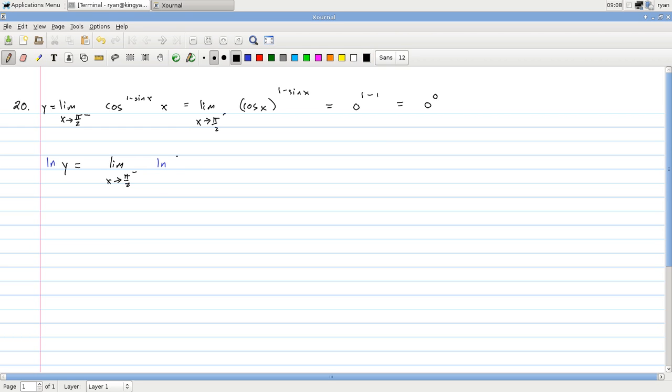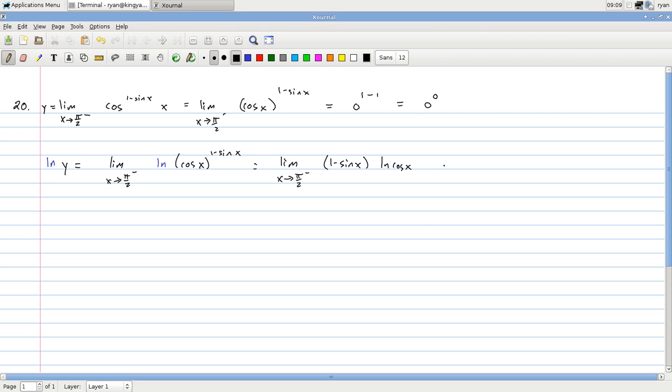So this becomes the natural log of cosine x to the 1 minus sine x. The reason behind doing this is so now we can take this power, this 1 minus sine x, and bring it out in front of the log. So we rewrite this as the limit as x goes to pi over 2 from the left of 1 minus sine x times the natural log of cosine x.